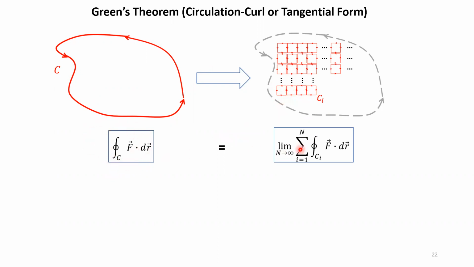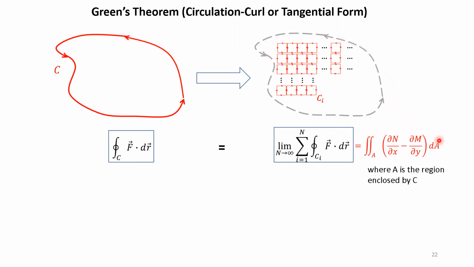And when I look at this, it can be converted to a double integral over the region enclosed by the loop.